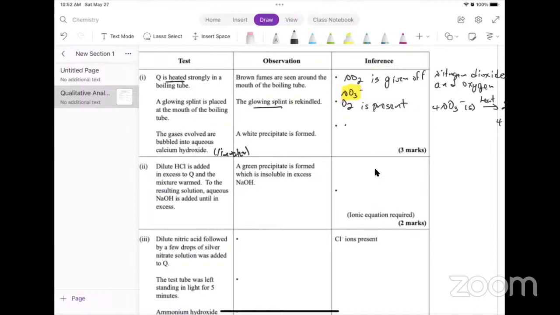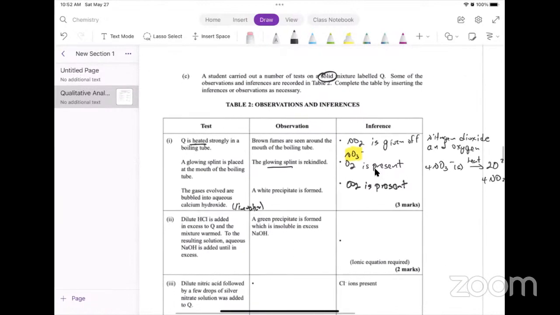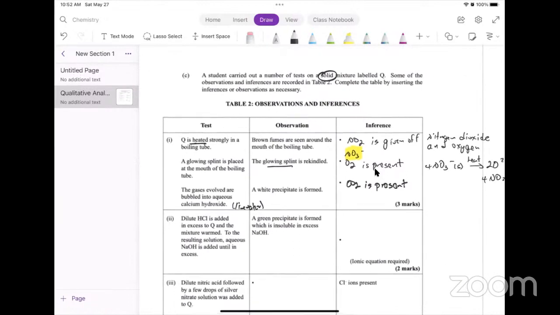Now, it doesn't mean we have carbon dioxide in the solid. It just means that because carbon dioxide is in the atmosphere, it would react with that mixture of gases. So carbonate is not necessarily in that mix, but because it's in the air, it enters the solution, and that's where we get that carbon dioxide.